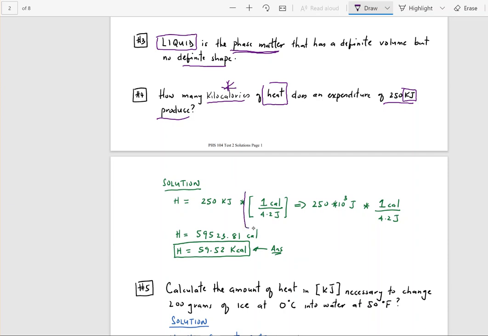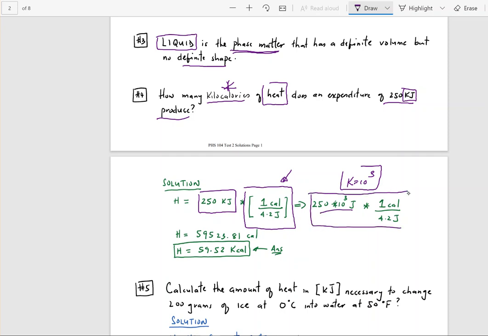The established conversion of 1 calorie to 4.1 joules can be seen here. We multiply that by our kilojoules, where the k is just 10 to the 3. Then we implement our equation, the joules cancel each other out, and we're left with 59,523.81 calories, and the question is asking us to convert that into kilocalories.